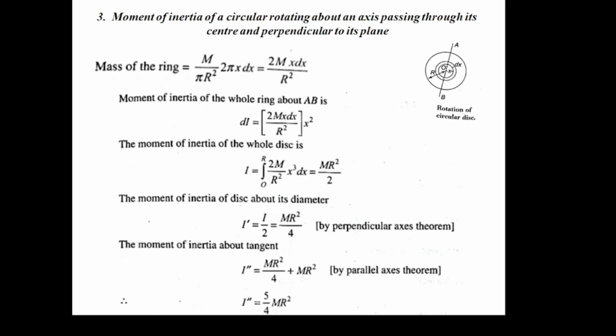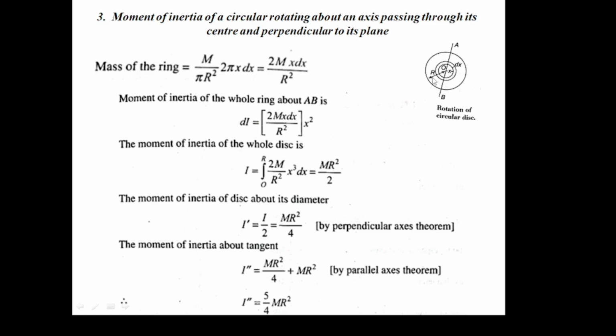Now the third case is the moment of inertia of a circular disc rotating about an axis passing through its center and perpendicular to its plane. Suppose capital M be the mass and capital R is the radius of the disc.